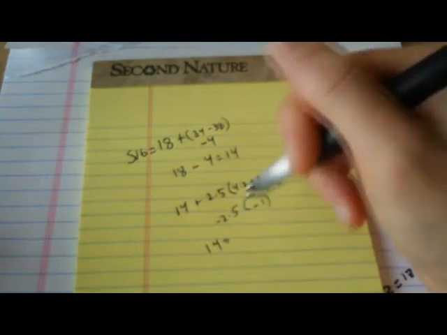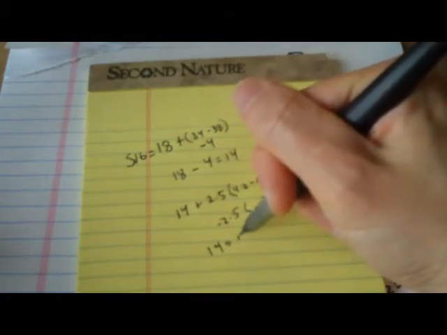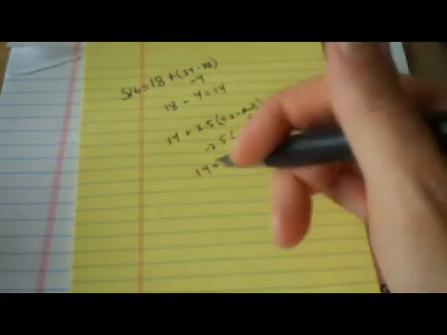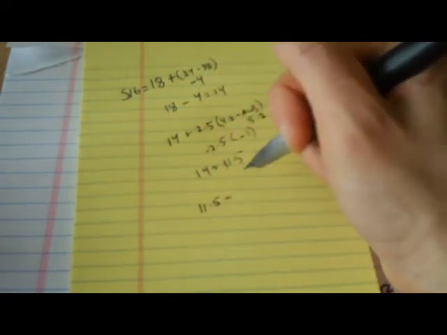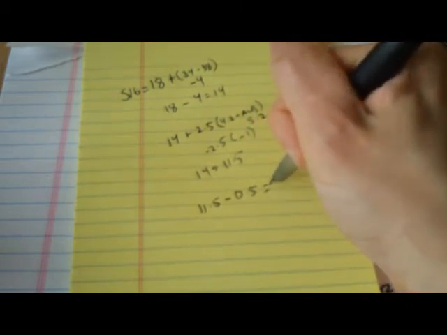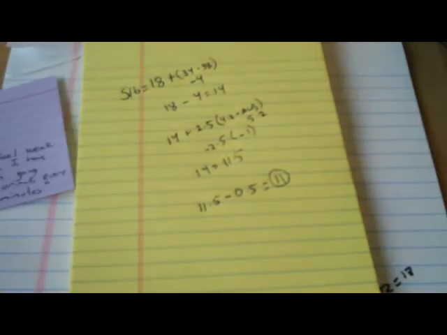So now we're down to 11.5. And then the last part is to subtract the lactate. So it will be 11.5 minus 0.5 equals 11. So 11 is our strong ion gap.